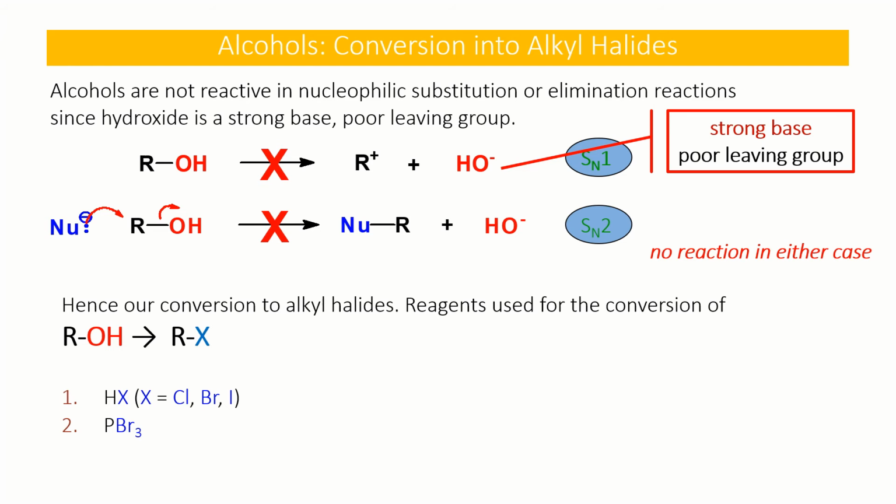We can use phosphorus tribromide or thionyl chloride, all to achieve the production of alkyl halides, which chemistry is separate from this. We can always cover that. And if you look at the next line, you will find these available to you as well.